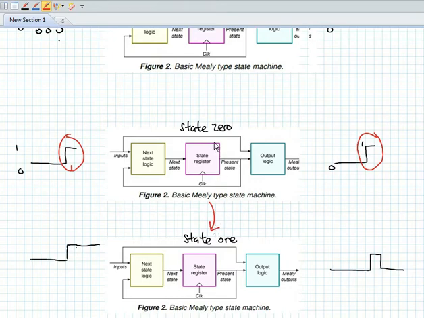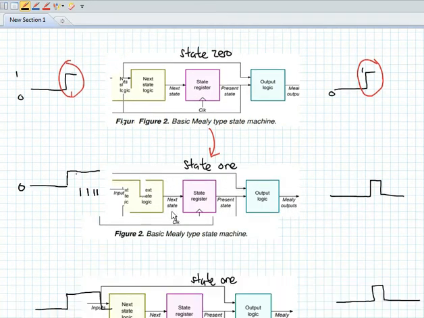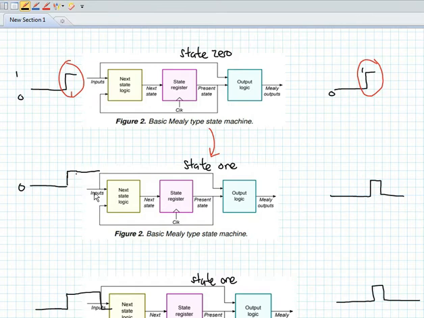So notice 2 things happen. While you're in state 0, you detect a 1, you produce a 1, and you move to state 1. Now, while you're in state 1, if you continue to detect 1s, then your output drops to 0.